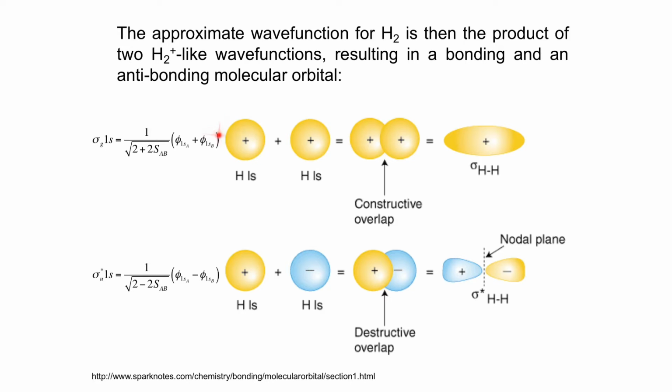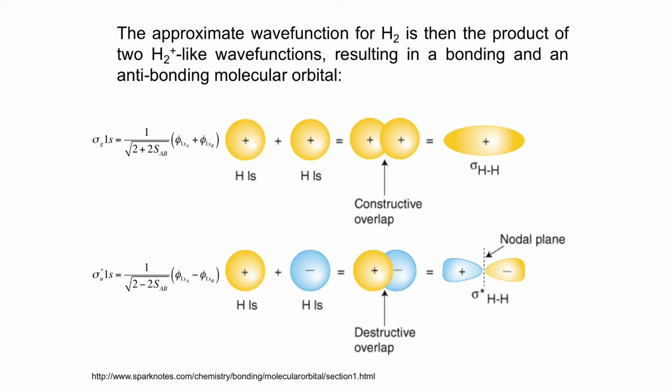So we have this picture here. Here's a 1s orbital on this hydrogen and a 1s atomic orbital on this hydrogen. So we have two atomic orbitals that we are combining in this case, which means that we're going to be making two molecular orbitals. The two options for those molecular orbitals are going to be dependent on whether we have constructive or destructive interference.